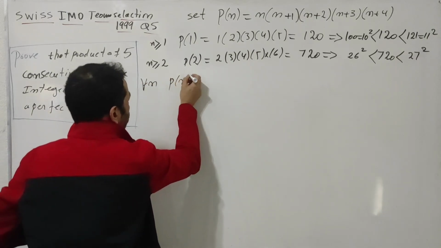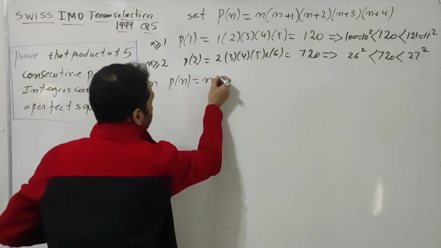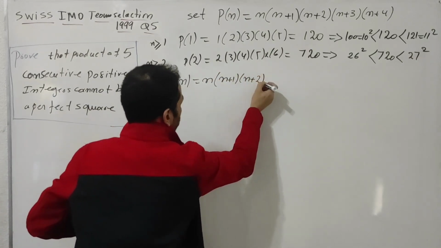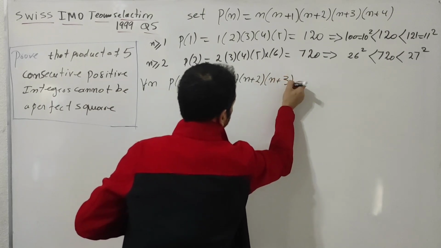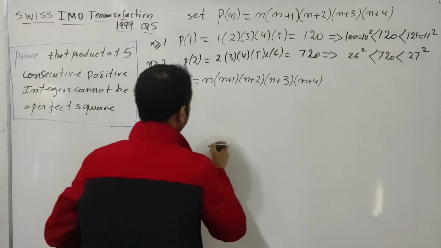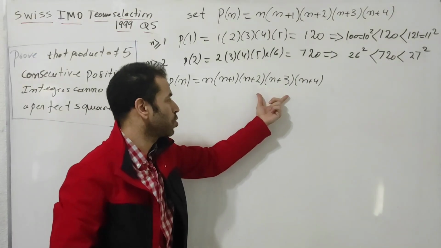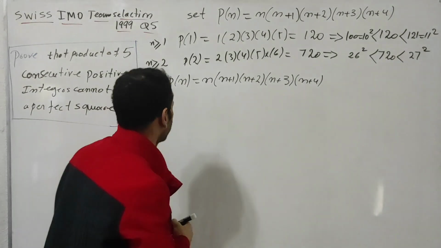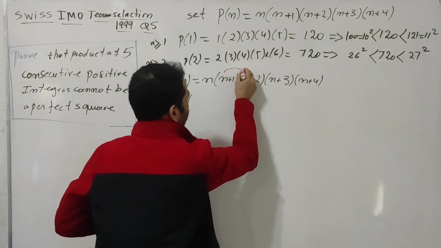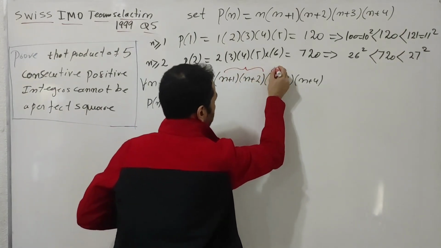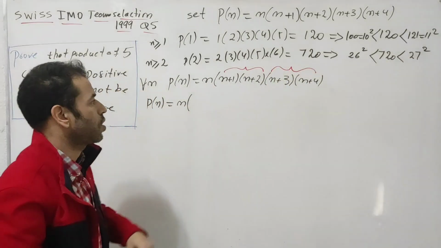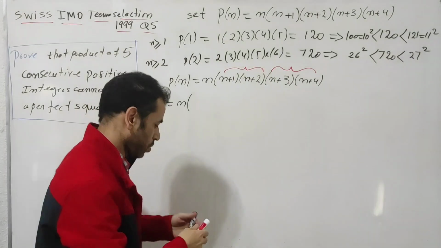We have P of n equals n multiplied by n plus 1, n plus 2, n plus 3, and the last one n plus 4. I'm going to distribute this to see the general expression. I'm going to make the product of the first two terms, then the product of the other two terms, then the whole product.